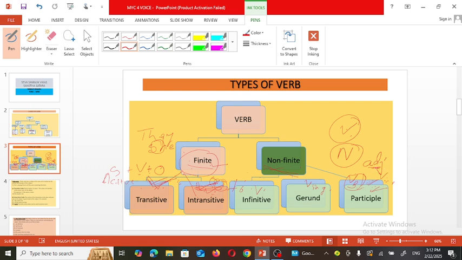Reciting is a verb playing the role of an adjective, and that's why it is called a present participle. So non-finite verbs can be classified into three categories: infinitive, gerund, and participles. And participles are of two types, present participle and past participle. Now see the next one.